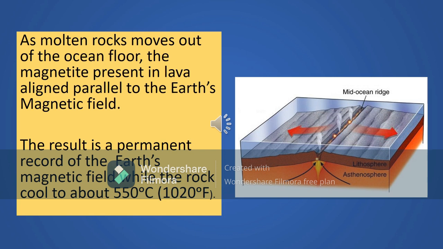As molten rock moves out of the ocean floor, the magnetite present in lava aligns parallel to the Earth's magnetic field. The result is a permanent record of the Earth's magnetic field while the rock cools to about 550 degrees Celsius.